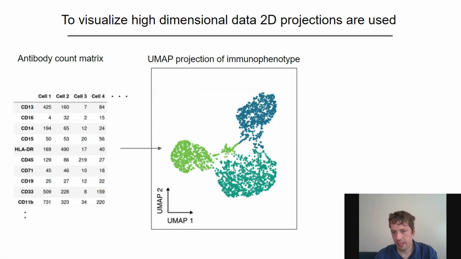And so just to give you an intuition behind how UMAP works, the idea is it's basically a probabilistic map that attempts to map cells that are close or similar in their profile in the high-dimensional antibody space into a close neighborhood in the two-dimensional representation on the right.